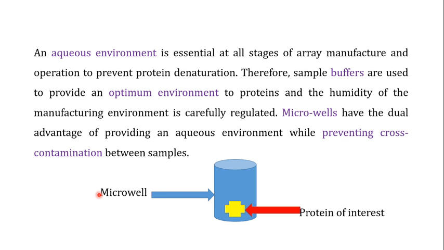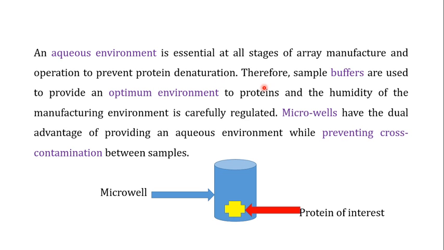Now, these microwells are very important because an aqueous environment is essential at all stages of the protein array manufacture and operation to prevent protein denaturation. Proteins are very sensitive to their environment, therefore you have to provide an aqueous buffered environment to the protein at all stages of the manufacture and operation to prevent protein denaturation, because if the proteins are denatured, they will be of no use in giving you any useful results.